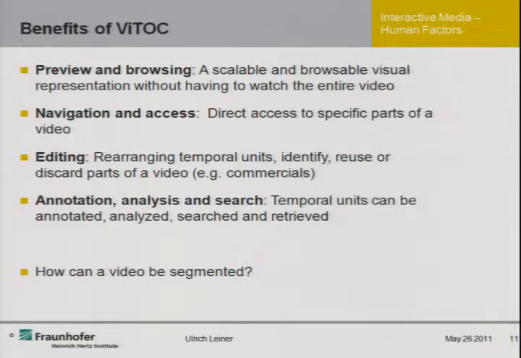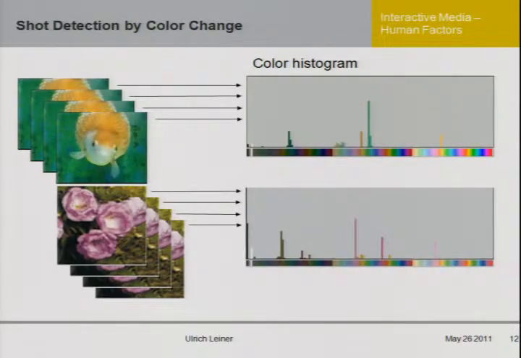And again, one slide on how that can be done. I will restrict myself to some of the methods we use. If these are the slides of one shot with the fish, and then you move over to the second shot with the flowers, you will have a distinct discrepancy in the histograms. The color histograms will be extremely different between the first and the second shot, and that gives you a clear cut between the two.